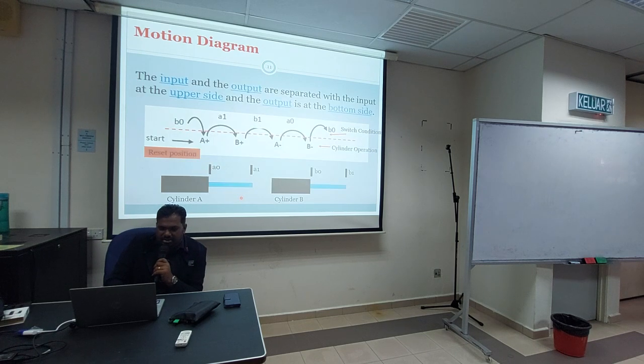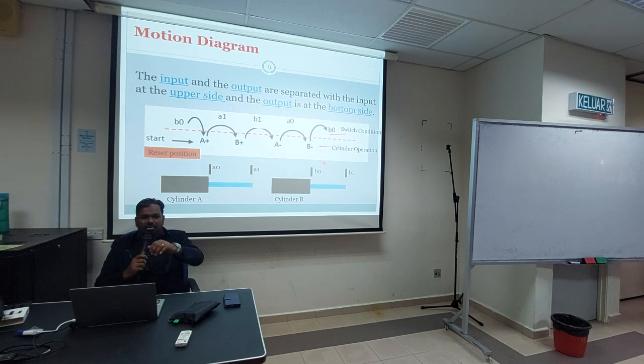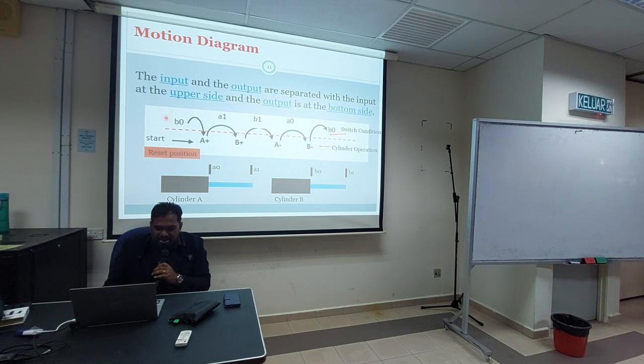So dia letak macam tu. So okay, so cylinder B, the condition of the circuit to start, B0 kena on. So meaning your cylinder B already balik ke tempat asal, baru dia boleh start sequence baru. Okay, so here the starting condition adalah B0.